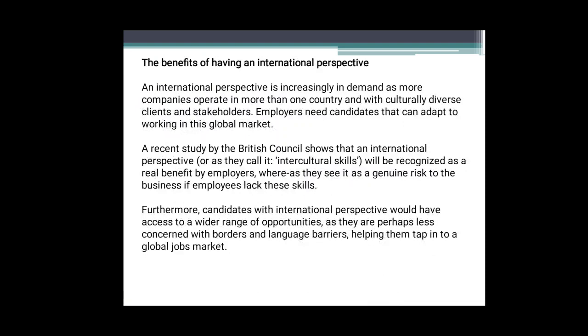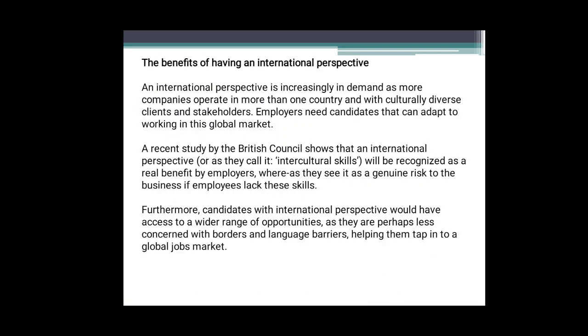So what are the benefits of having the international perspectives? An international perspective is increasingly in demand as more companies operate in more than one country and with culturally diverse clients and stakeholders. Employers need candidates that can adapt to working in this global market.